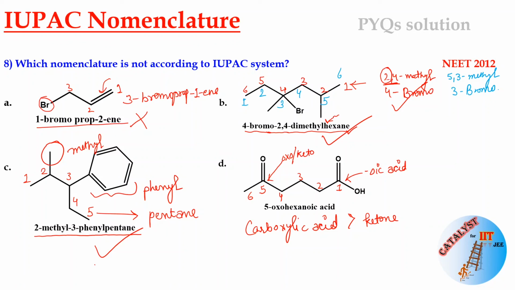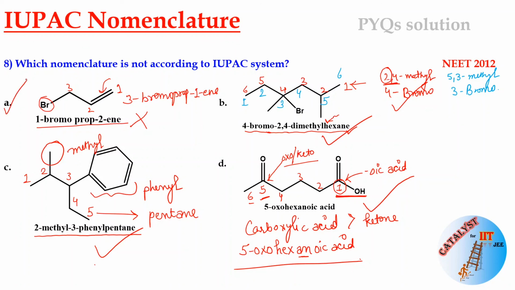Okay, and it is mandatory that it is on the first position, so no need to add the number for the carboxylic acid. But on the fifth position your oxo, meaning ketone, is present, so 5-oxo. The number of carbons in your parent chain is 6, so it will be hex, and saturated, so an, and then you add oic acid, because on the first position a carboxylic acid is present. So this is also correct. So the correct option for this question is option A.